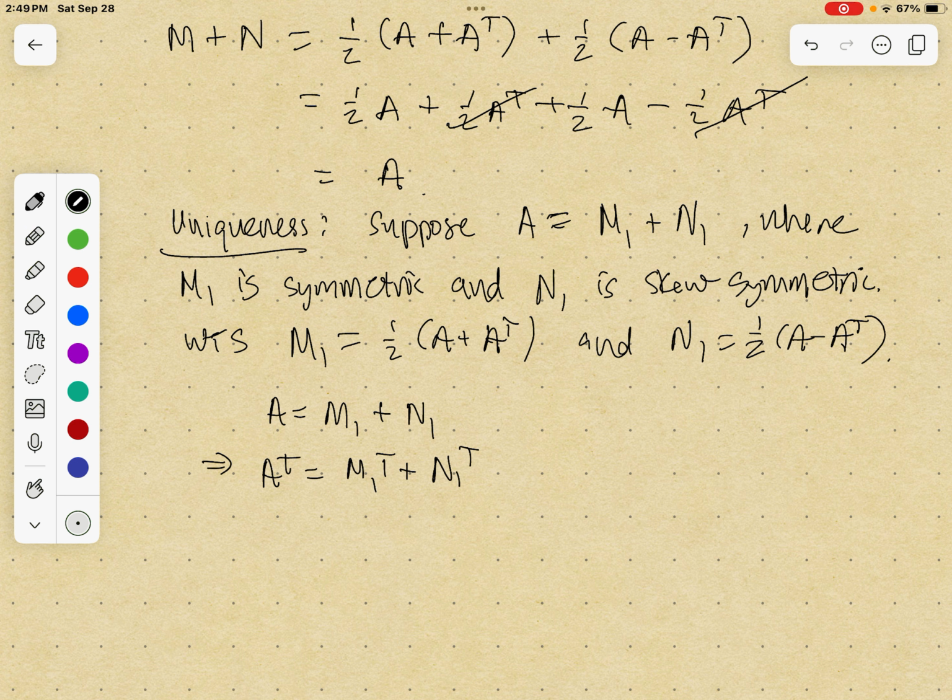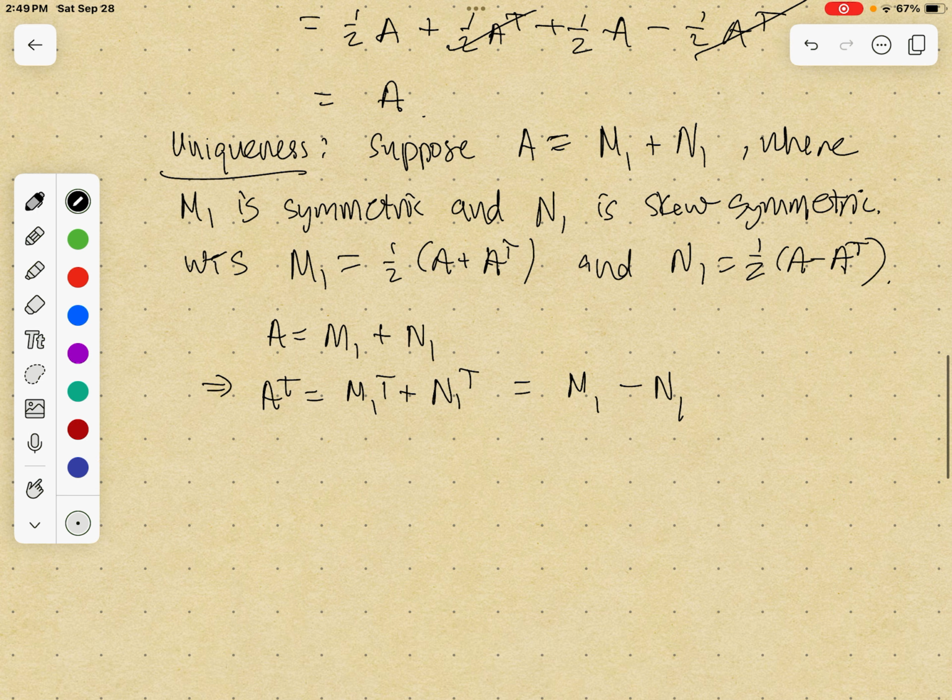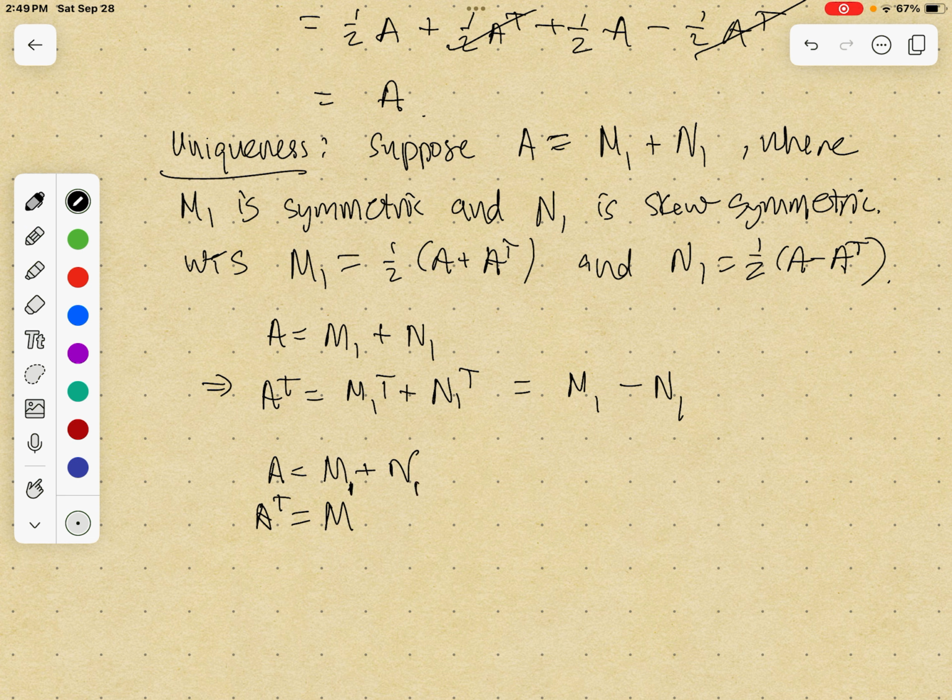Now, M1 is symmetric and N1 is skew-symmetric, so this is equal to M1 minus N1. Right? So now we have these two equations. We have A is M1 plus N1.